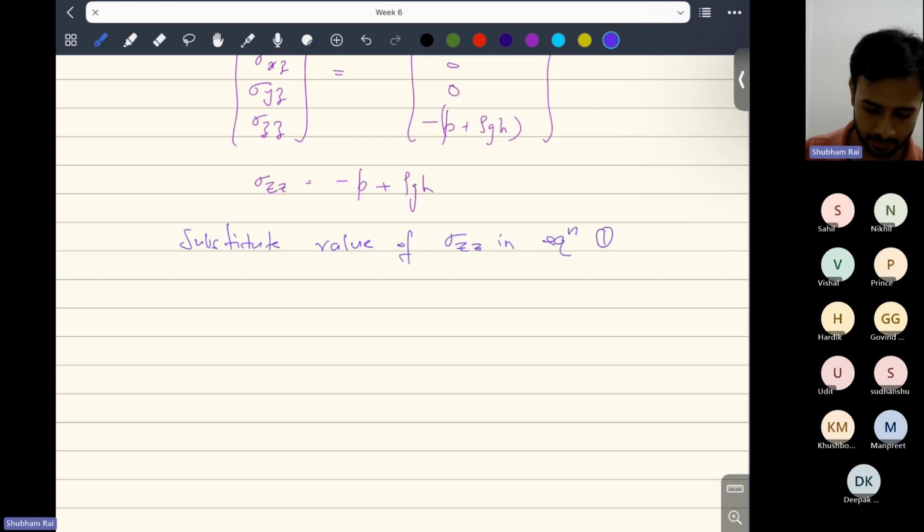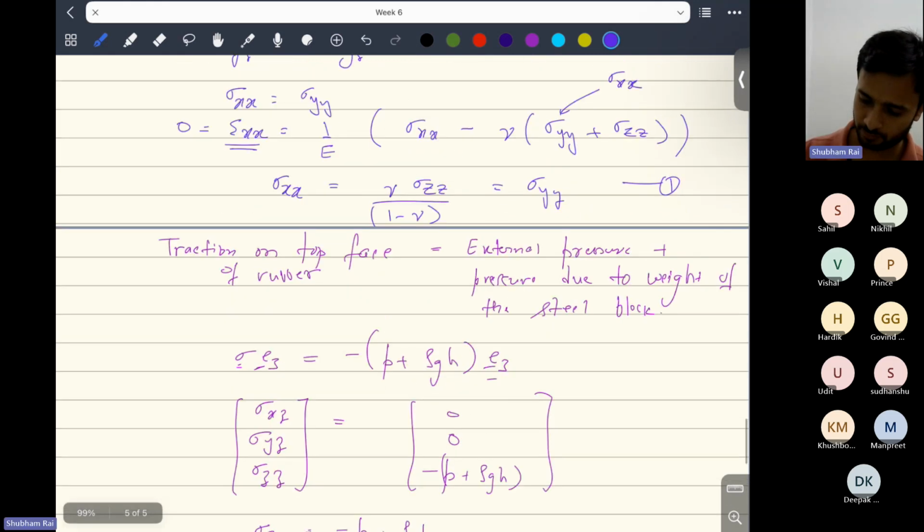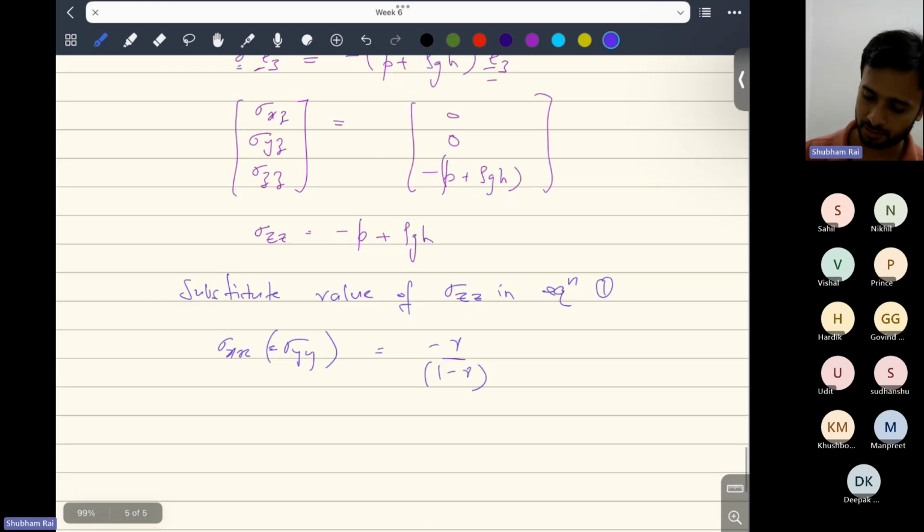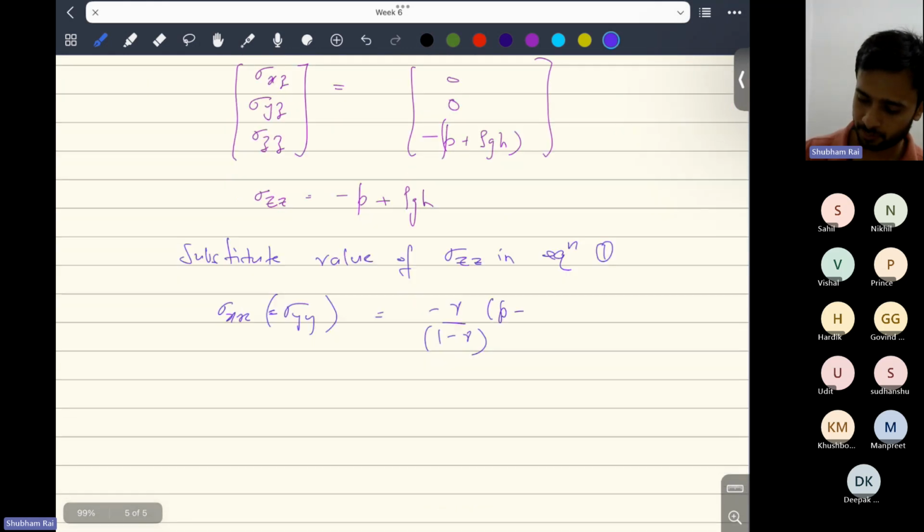So you will get sigma xx, and that is also equal to sigma yy. So that is equal to minus mu over 1 minus mu, times P plus rho GH. Because here you have mu over 1 minus mu, minus is coming from this sigma zz.